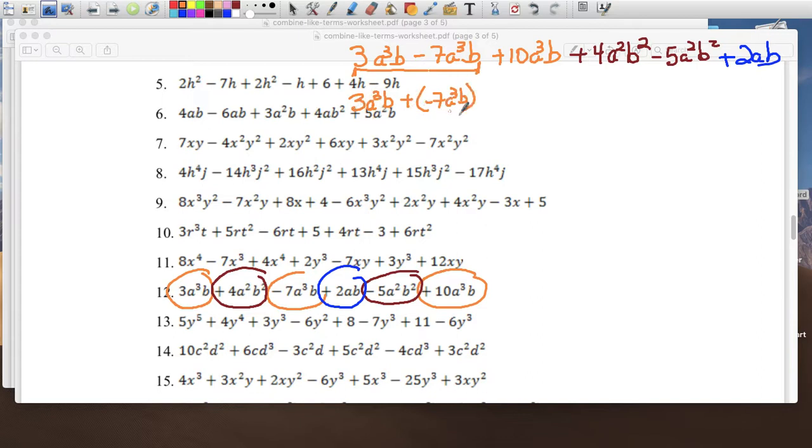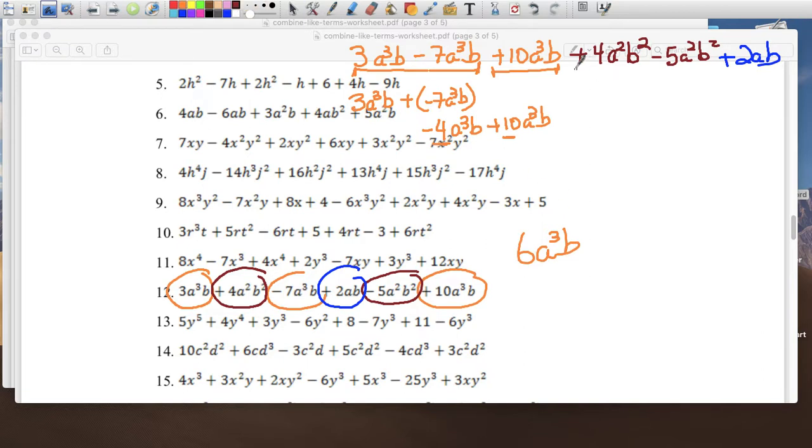It's a positive plus a negative, so there's more negatives. How many more? -4, so it's -4a^3b. Now we're going to unite this guy over here, plus 10a^3b. It's a negative plus a positive. Who's going to win? The positives. Why? Because there's more. So it's going to be 6a^3b. So all that orange becomes 6a^3b.